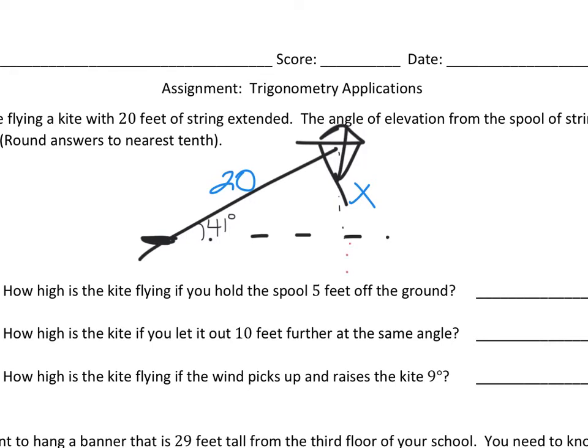So be aware that this triangle in this problem situation is going to be an additional 5 feet off the ground, and so we will need to add on 5 feet to the side of the triangle where we're looking for the height of that kite above the spool.